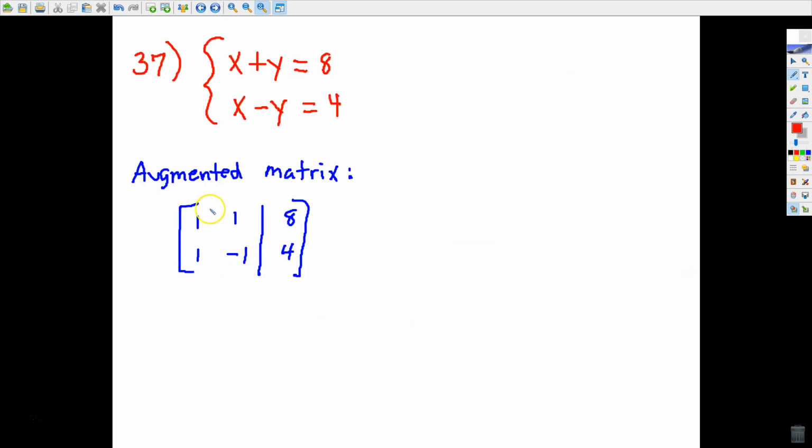It's kind of nice because this top 1 is already provided. So the strategy that works best is to work down and come up with this 0 as your first move. So I'm going to make this 0 first, and then what does this need to become? It needs to be positive 1. And once I've reached that, I'm ready to solve, and I'll show you how that works.